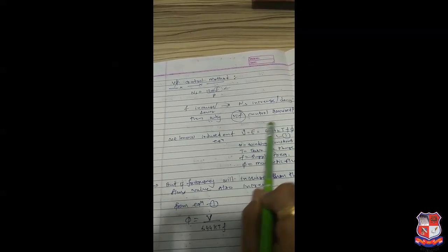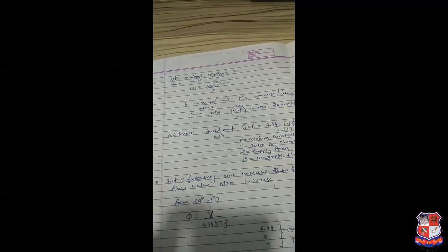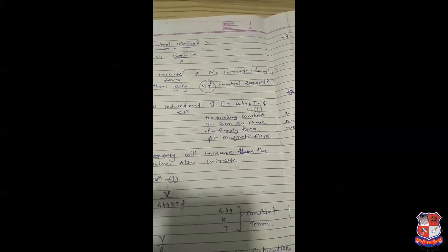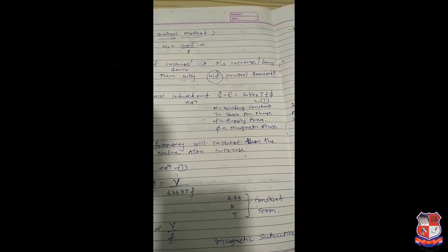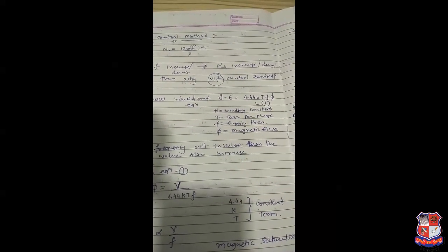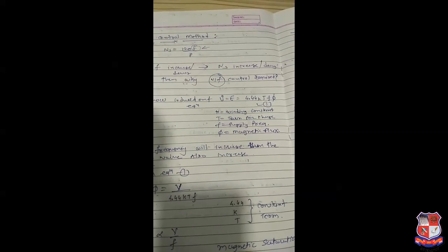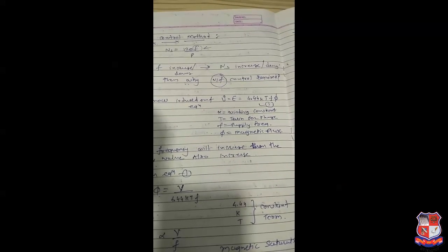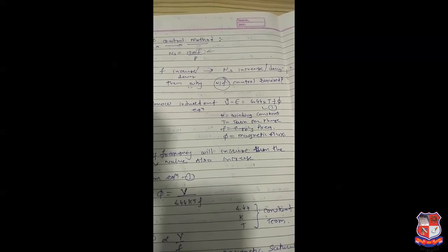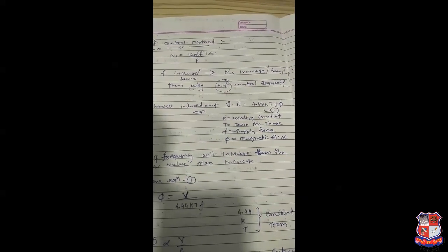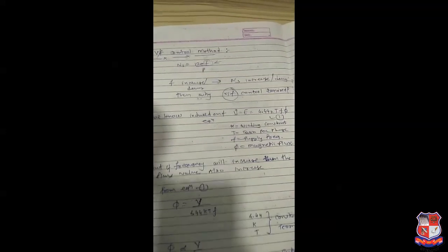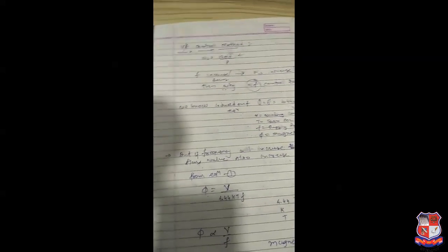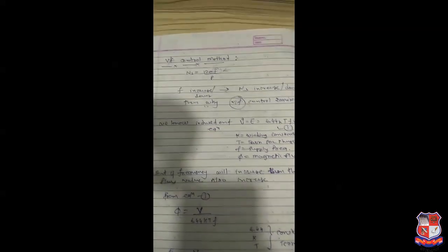That is the induced EMF equation for the machine, where K is the winding constant, T is the turns per phase for the 3-phase induction motor, F is the supply frequency, and phi is the magnetic flux. Now, instead of only varying the frequency, we maintain the V by F ratio. Why?